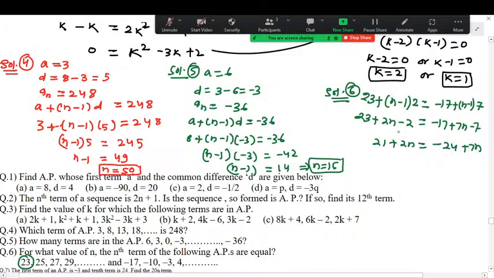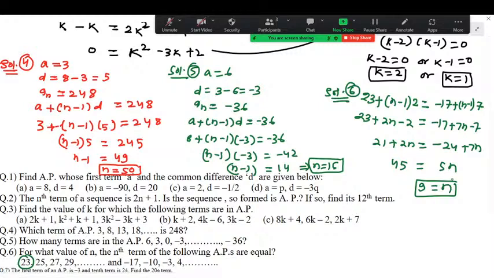Now you need to put the variable on one side, that is 21 and 24 you can add, and you will get 45 here, and if you subtract the 2n you will get 5n. Now you need to divide by 5, you will get n being 9, and in this way n is 9 that you got. Is it okay?